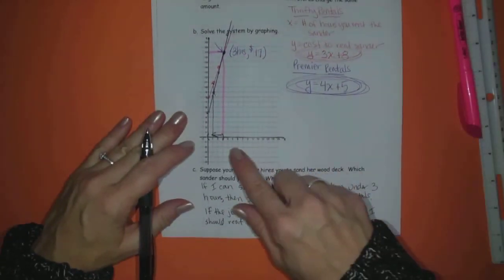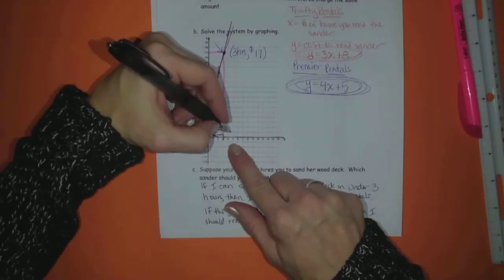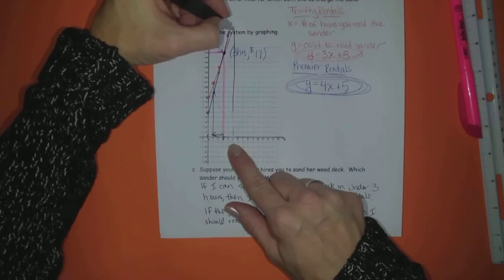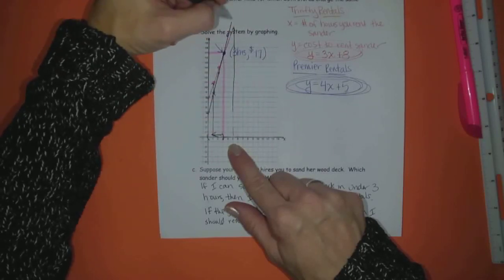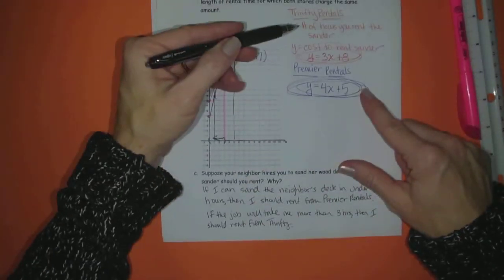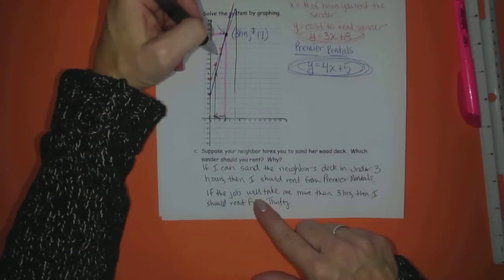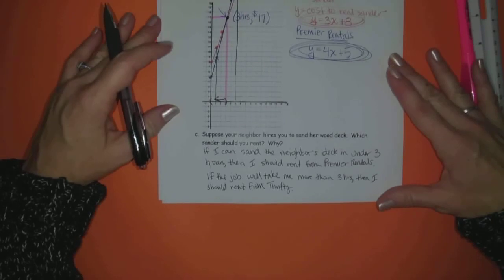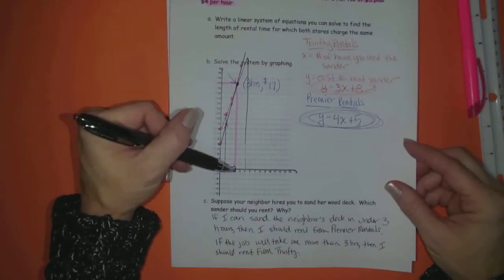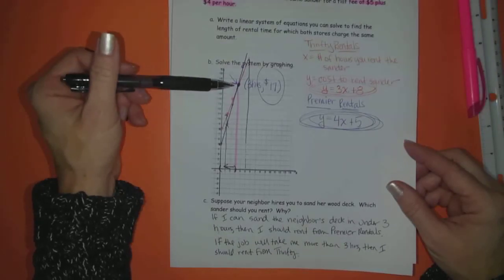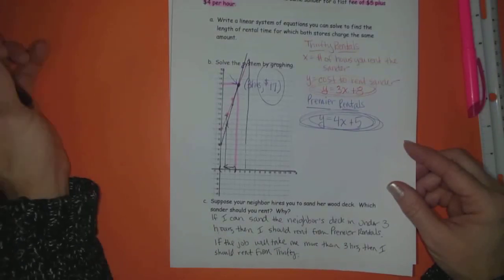Because as you can see, if I'm doing like a 5-hour job here, if I come up 5 hours, the red line all of a sudden is under the blue. So then I should rent from Thrifty. So the meeting point is kind of where the divide happens and things start to shift. Now, if I can do the job in exactly 3 hours, well, they're the same cost, $17. So it doesn't matter who I rent from if I can do it in exactly 3 hours.